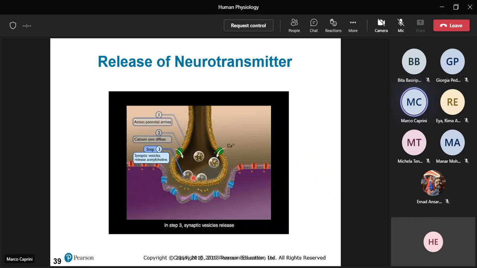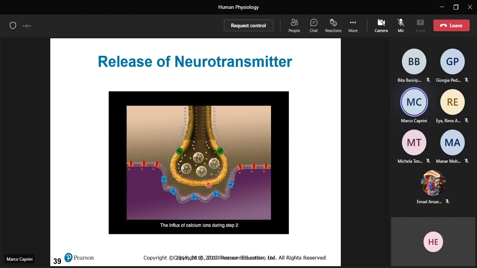In step 3, synaptic vesicles release acetylcholine into the synaptic cleft. The influx of calcium ions during step 2 causes synaptic vesicles adjacent to the membrane to fuse with the plasma membrane, releasing acetylcholine into the synaptic cleft by exocytosis.